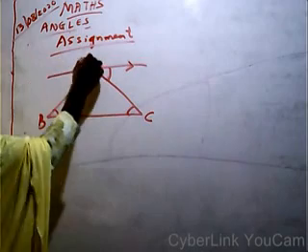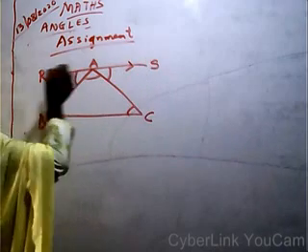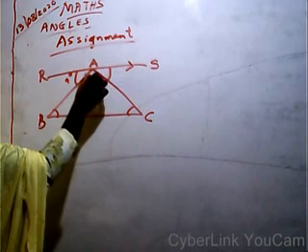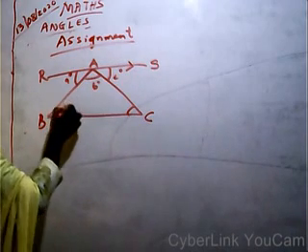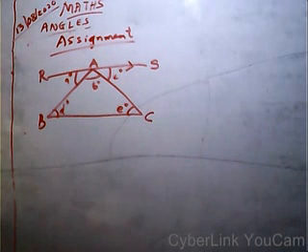So these are the diagrams. I have my A degree, B degree, C degree, D degree, and E degree. Just tell me which ones are alternate, which ones are corresponding.